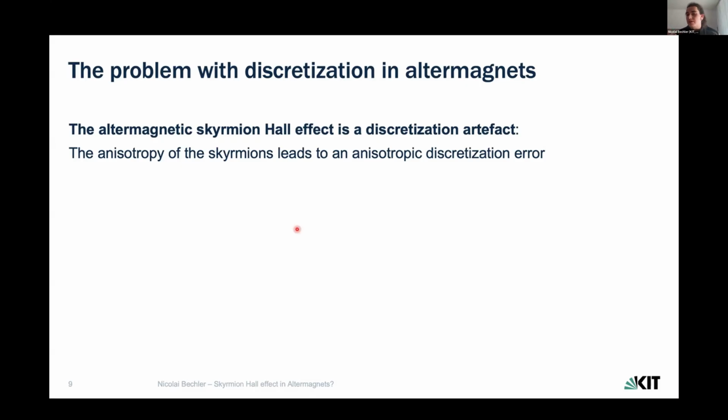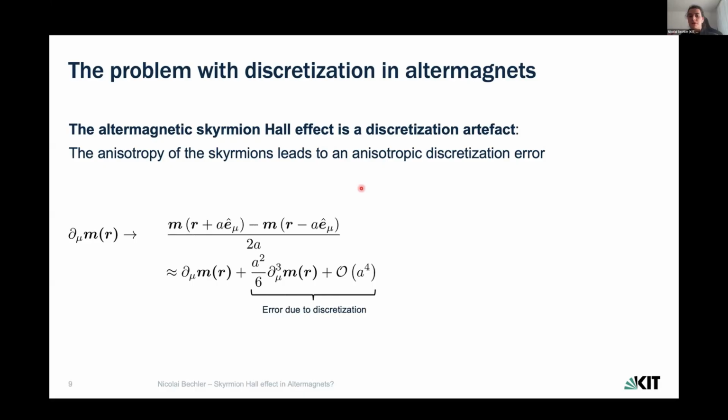Typically in a compensated magnet, the Skyrmion Hall effect in one sublattice would completely cancel out the Skyrmion Hall effect in the other sublattice. But now when we have an anisotropic error, we do not see this canceling effect because the error in both sublattices is not the same. So this is why we propose that the altermagnetic Skyrmion Hall effect that we see with a standard spin transfer torque is just a discretization artifact.